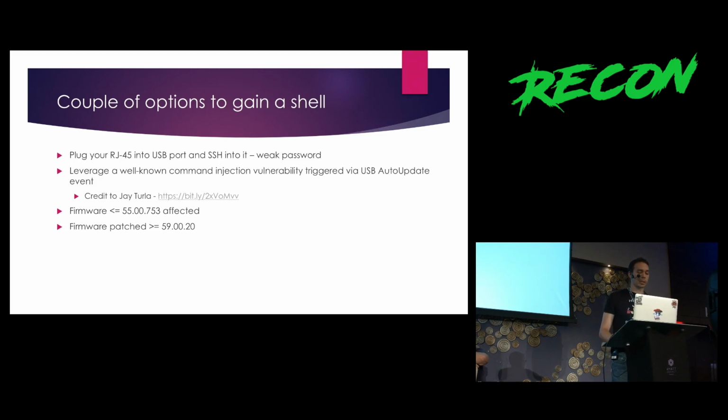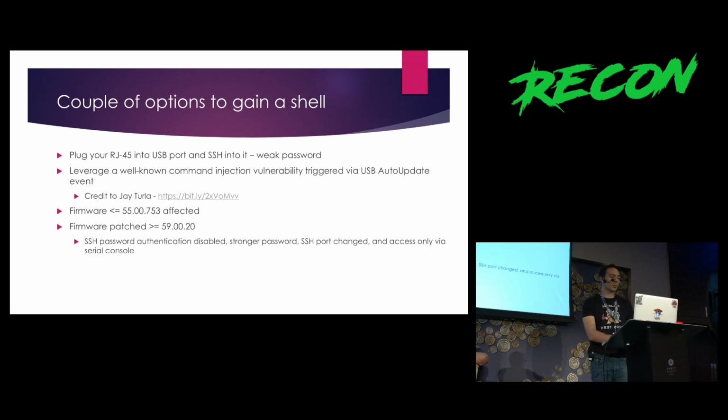It was patched in version 59. In that new version, the vendor did a very good job at improving the security of the system by disabling SSH authentication with password. Instead, now they are using certificates. They have some other things there that we also tried and didn't work out.